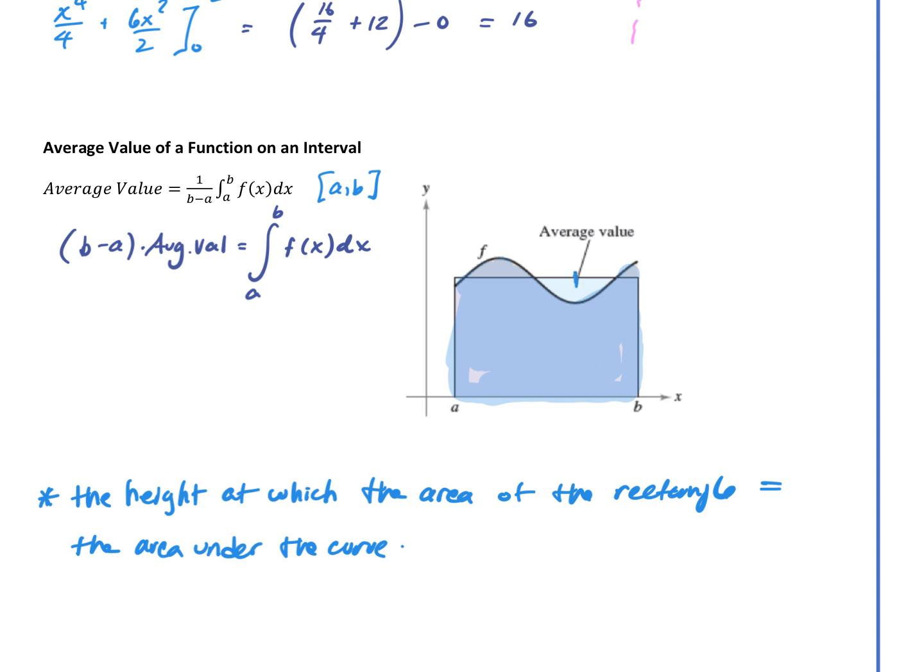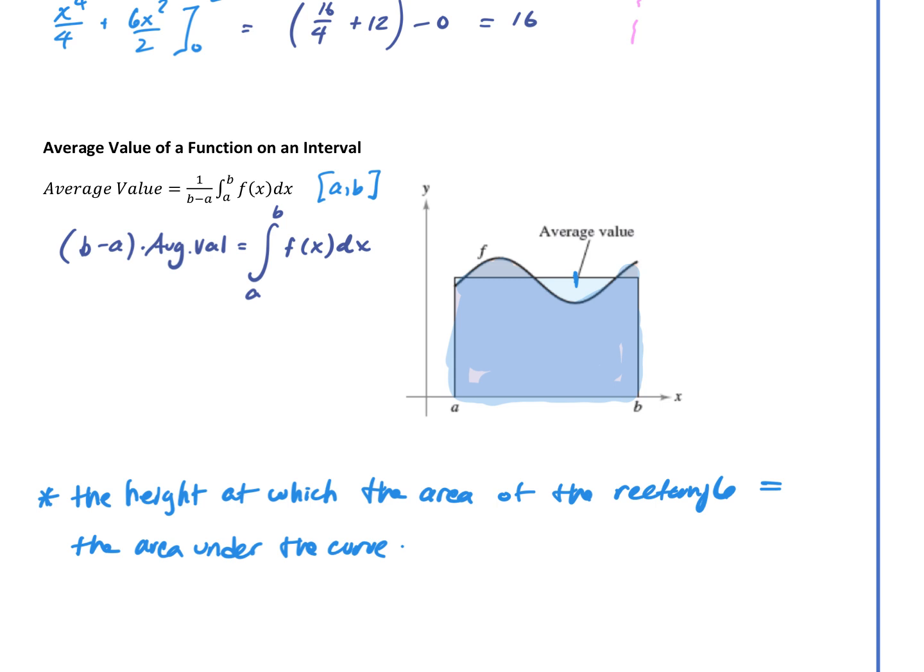So it's the height of the rectangle at which the area of that rectangle equals the area under the curve. So this would fluctuate, sort of. At what height here? Is it up here? Is it down here?